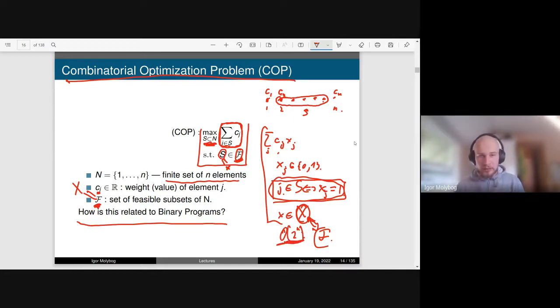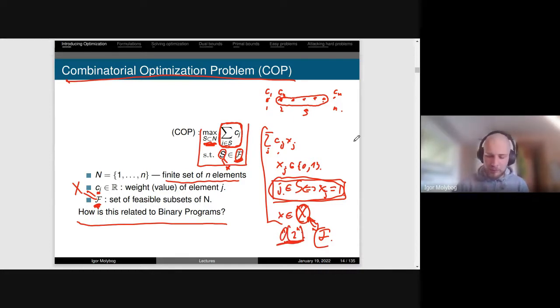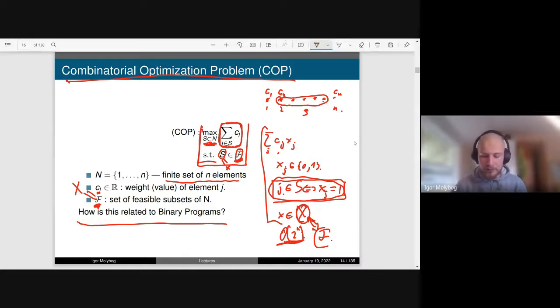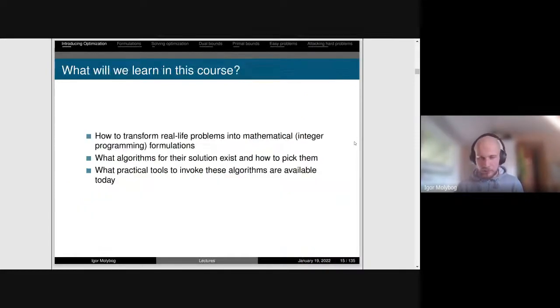So it's going to be a very large number, and people prefer to stick with the combinatorial optimization problem, but there is an option to reformulate it as a binary problem. Cool.